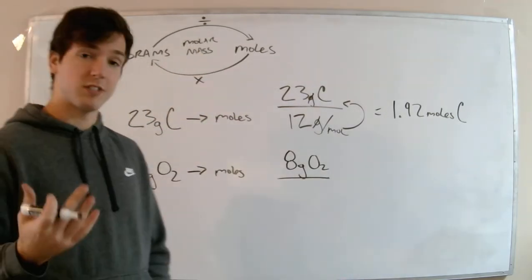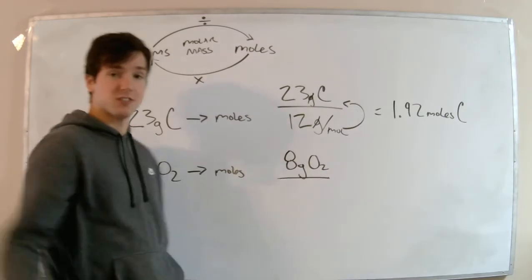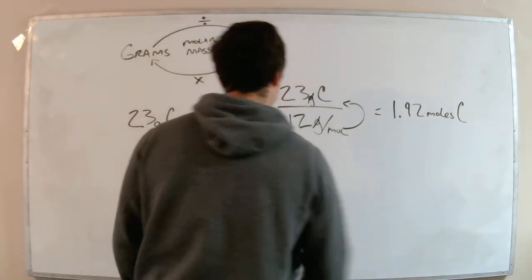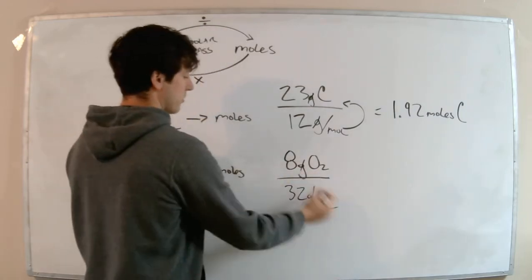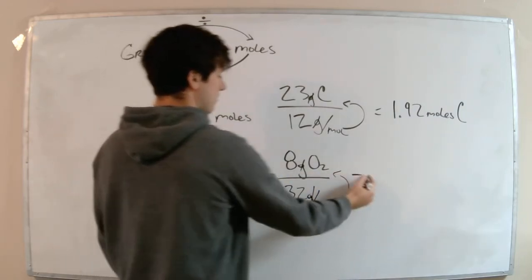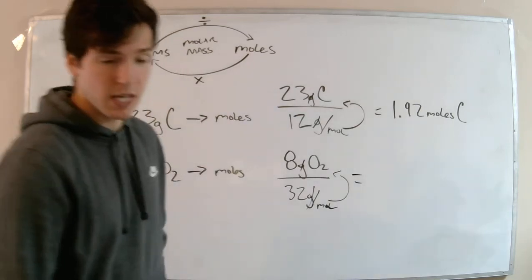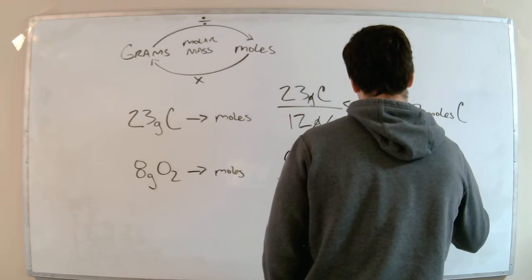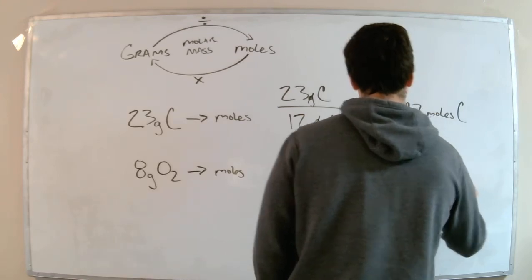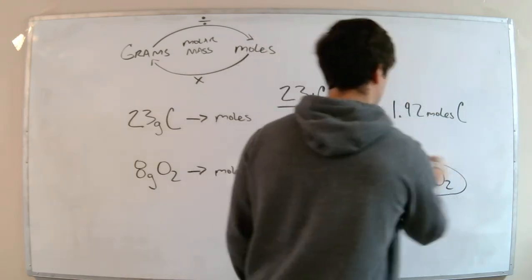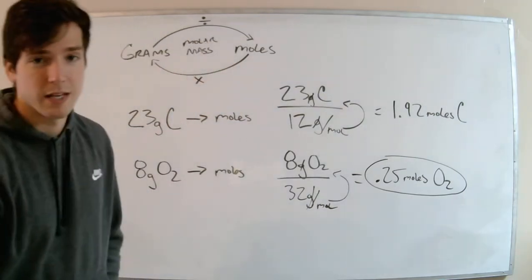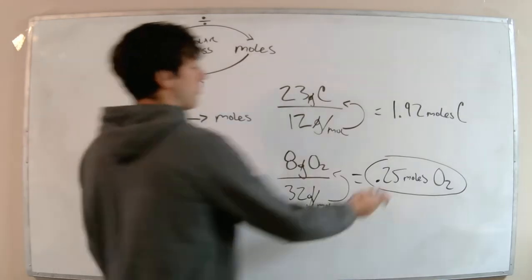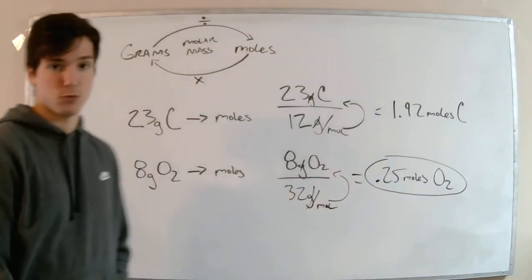Oxygen is 16, but since I have 2 oxygens here, I have to divide by 32 grams per mole. Grams cancel out, left with moles. And that is going to be 0.25 moles of O2. Instead of saying 1.5 times 10 to the 22nd molecules, I'm just saying 0.25 moles.